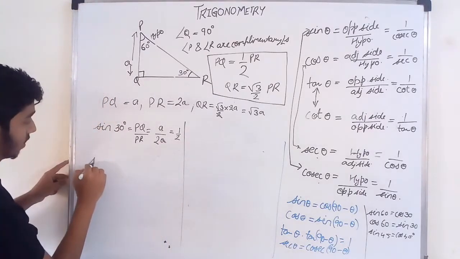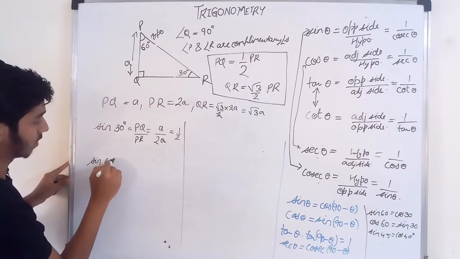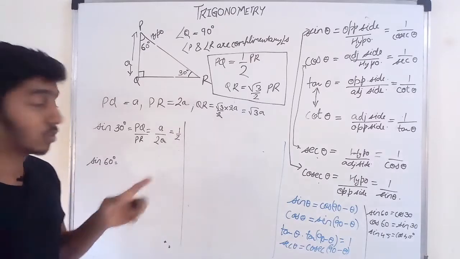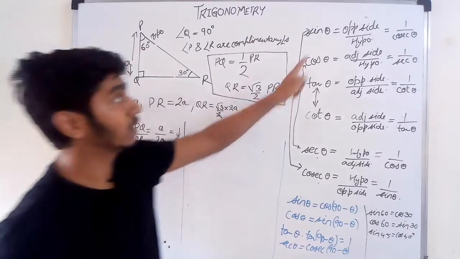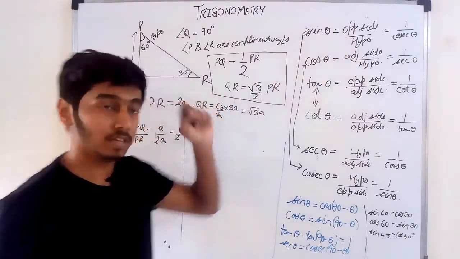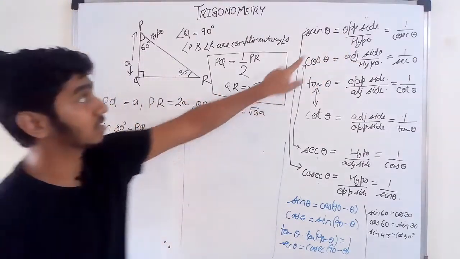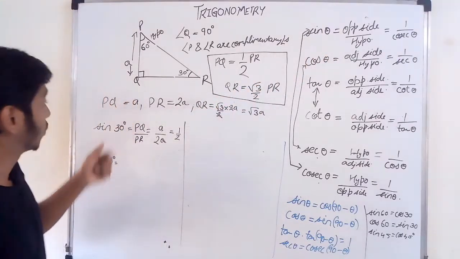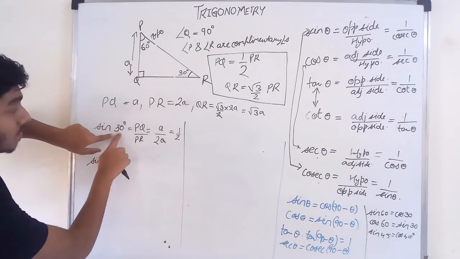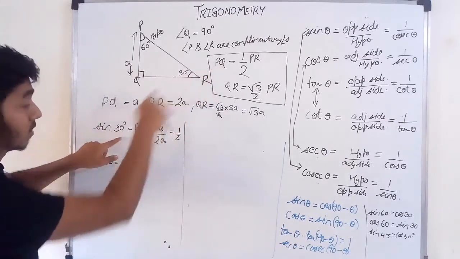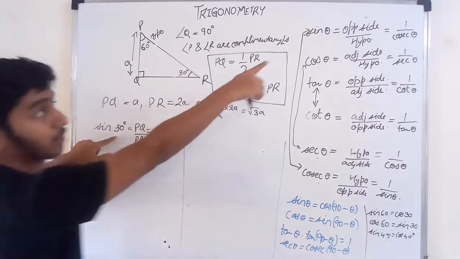Okay. Let's find sine 60 degree. So what is sine 60 degree here? Now you know this is 60, and sine is opposite upon hypotenuse. So if theta here is 60 degree, I hope you are understanding this is 30 degree, so theta becomes 30 degree here as per the formula.